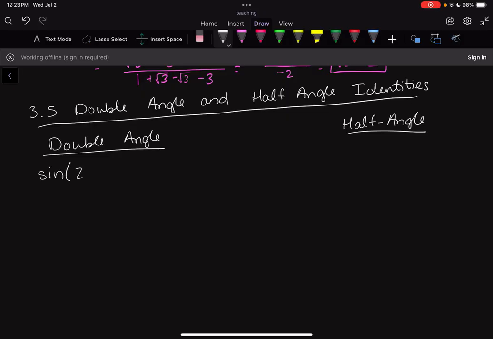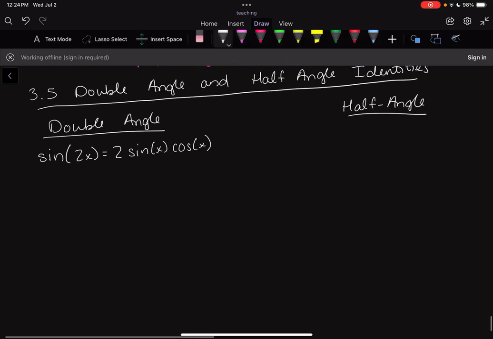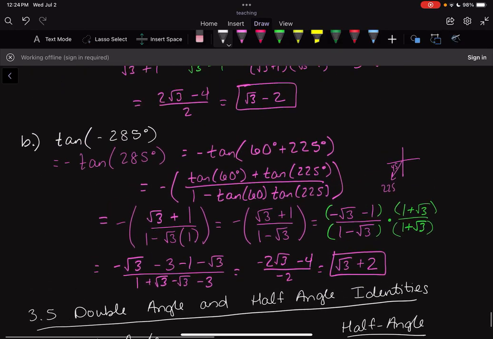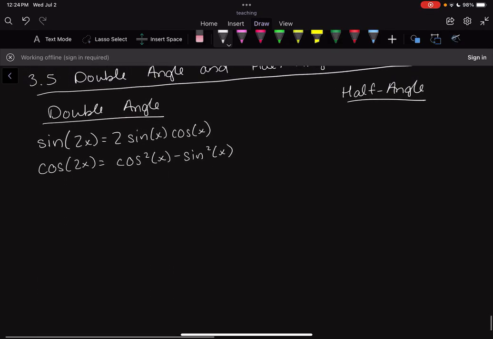So sine of 2x would be equal to 2 sine x times cosine x. So that's the sine double angle. Next we have the cosine double angle. This one has a few variations. So we've got cosine squared x minus sine squared x.